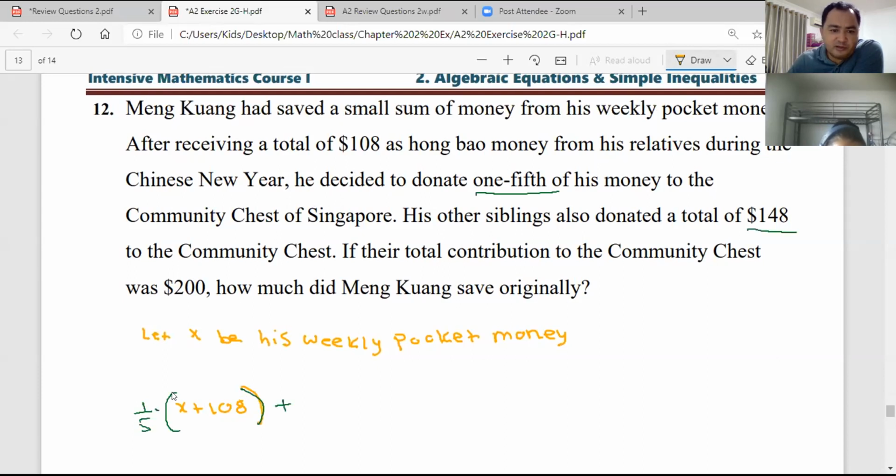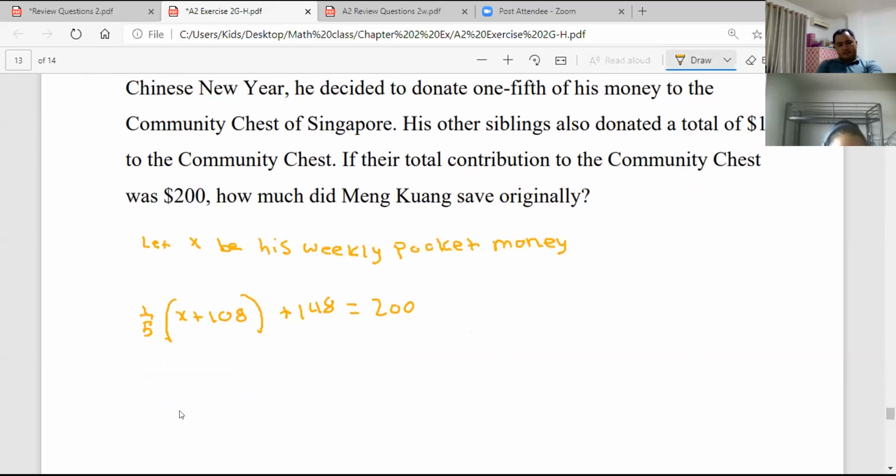Together the total was $200. So the question is, we need to find x. So that's 1 over 5 x plus 1 over 5 of 108.